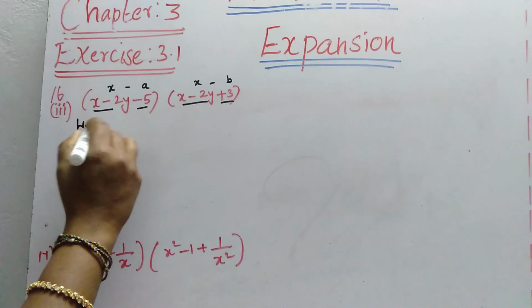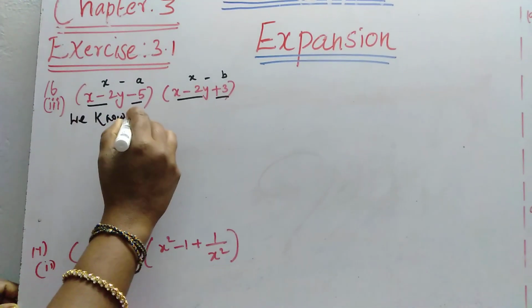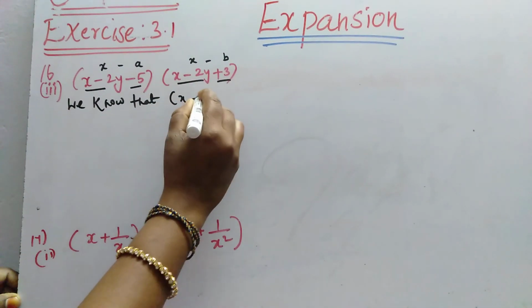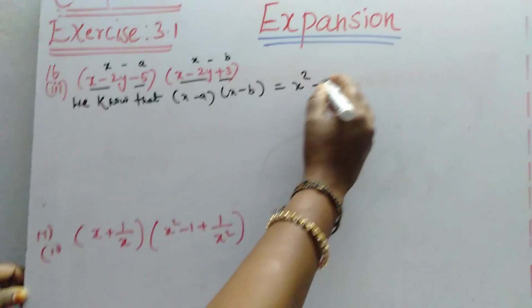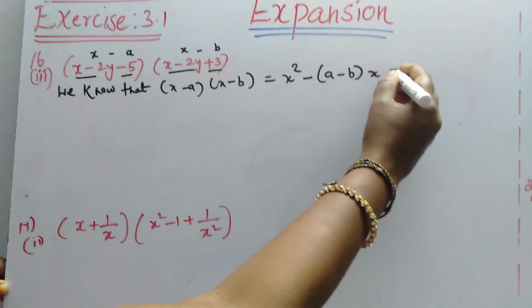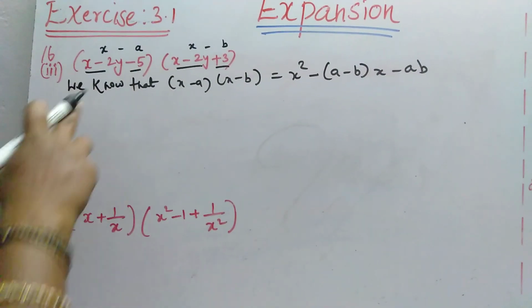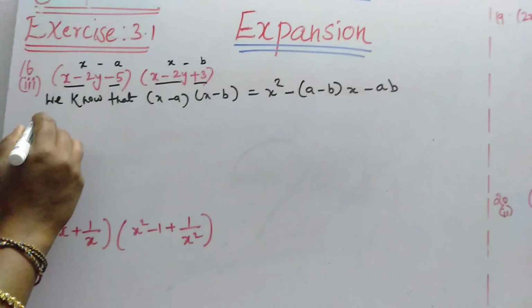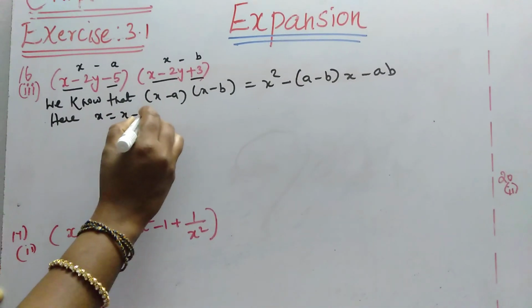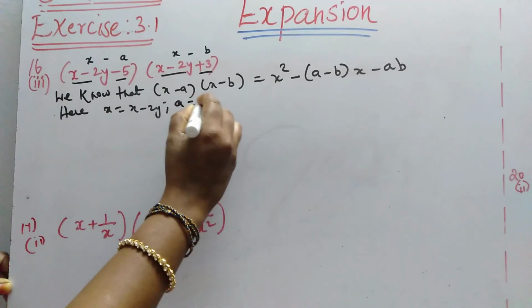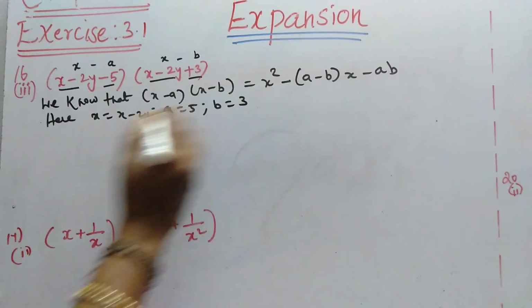So we know that (x - a)(x - b) = x² - (a + b)x + ab. So using that formula we are going to solve this one. Here x equals x - 2y, a equals 5, b equals 3.